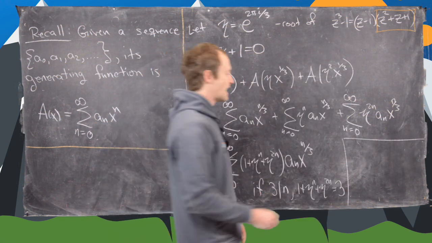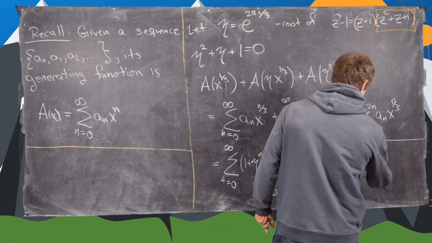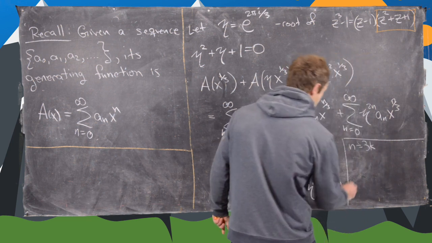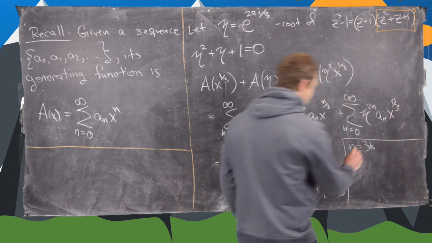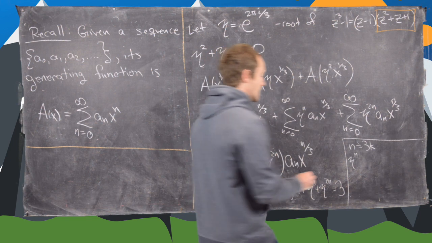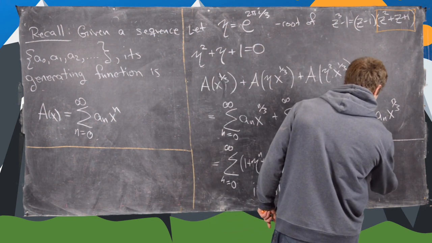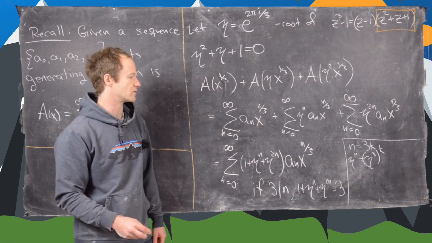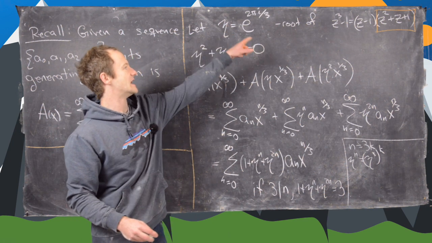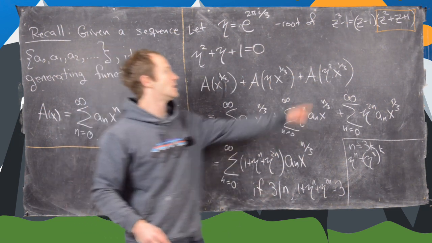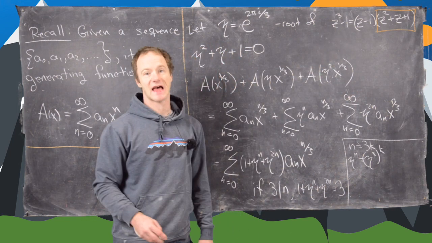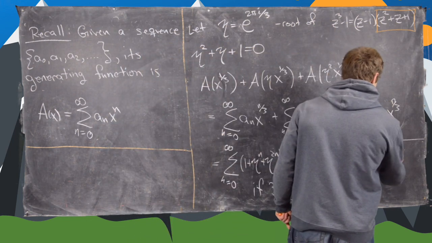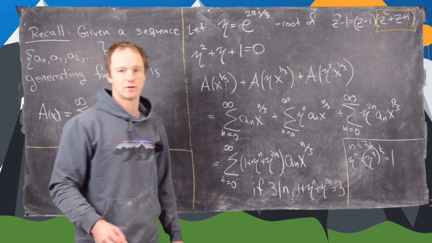So if 3 divides n, that means n equals 3 times k. And now notice that eta to the n in that case is really equal to eta cubed all to the k power using exponent rules. But the fact that eta is a root of that polynomial, we know that eta cubed is actually equal to 1. So that makes this equal to 1.